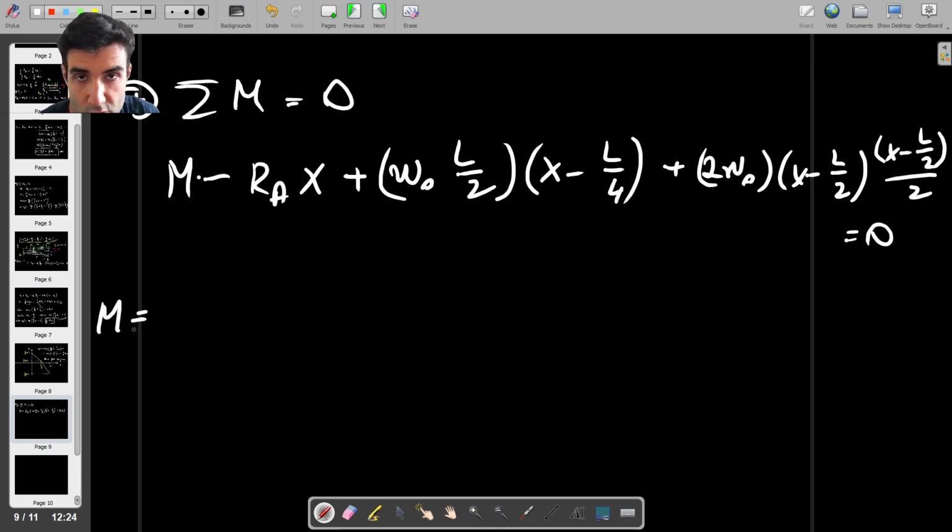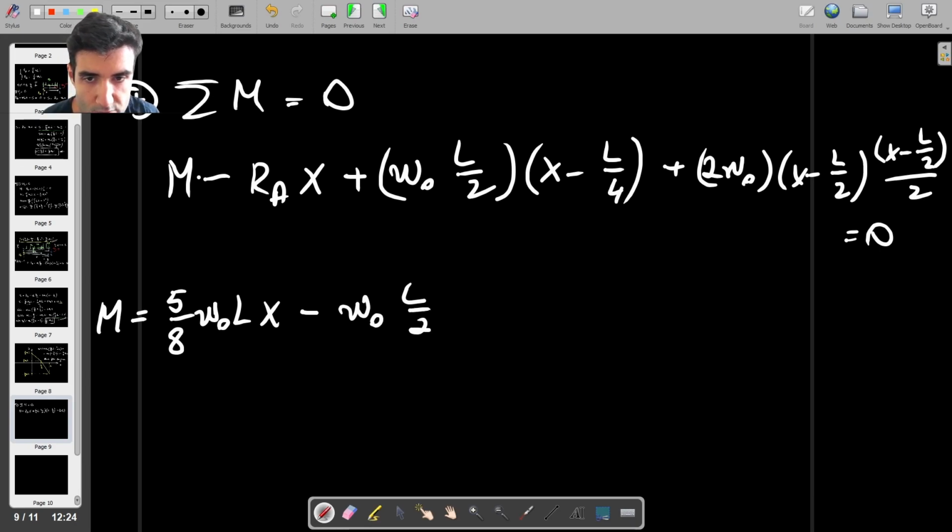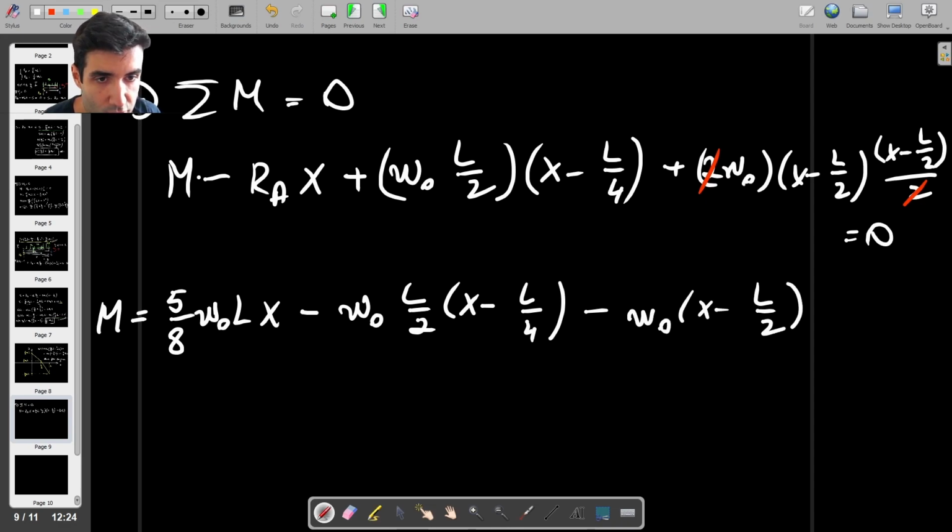So the moment will be 5 over 8 W naught L times X, because that's the reaction force. Now I'm moving everything to the other side. So this will be minus W naught L over 2 times X minus L over 4. And then we can actually cancel out this 2 with this 2. And then we have minus W naught times X minus L over 2 squared.